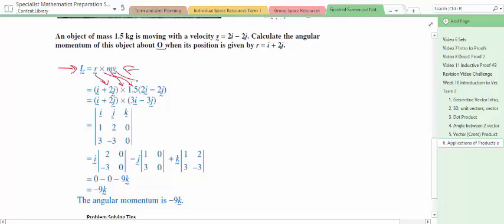We do that carefully, and we make sure we've got r cross with m times v in the correct order, because as we know from our recent work, cross products are not commutative. We cannot change the order of the product and expect the same answer. So it has to be done in that order.